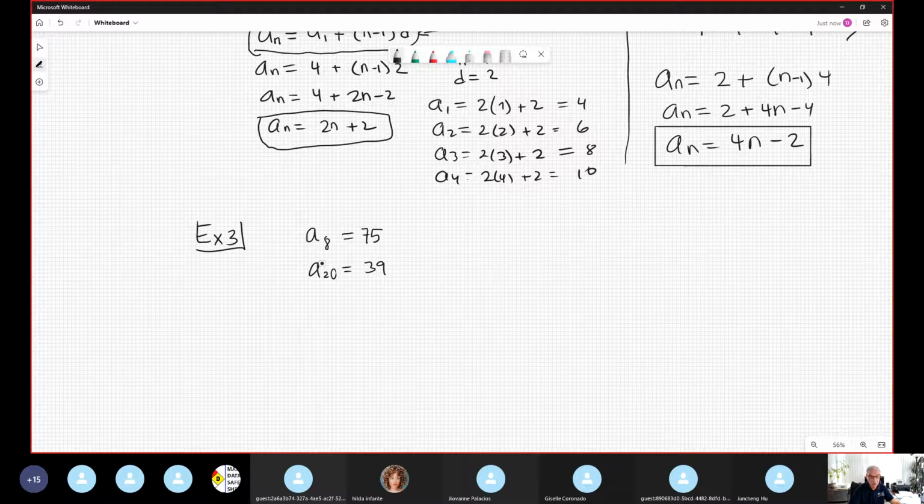So where's the goal? The question is find a sub n, the expression. I have no idea. To find this, I need a1, I need d. And after that, well, that's it. So in this case, it's not clear who's the first term and who is the common difference.